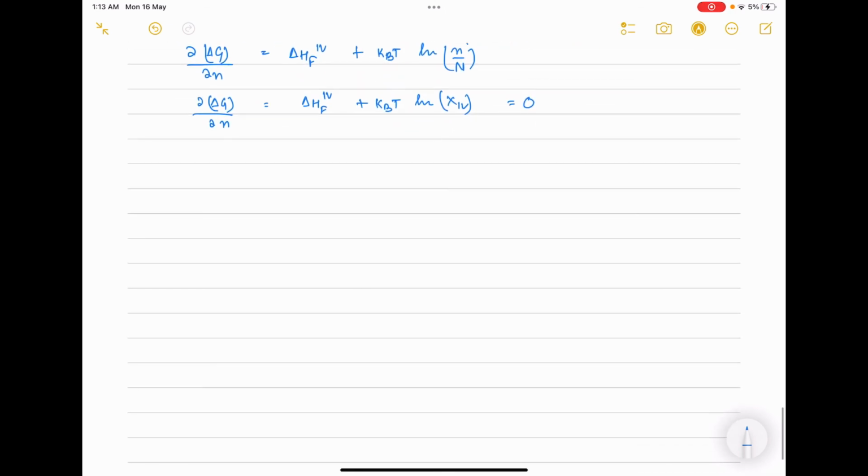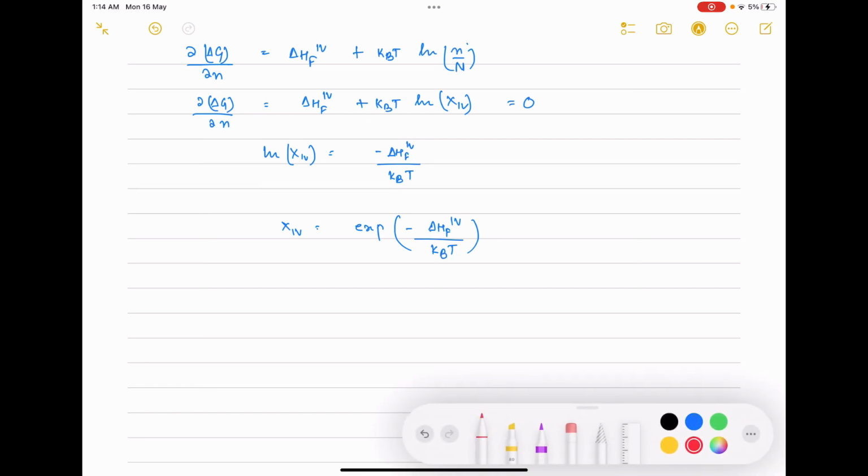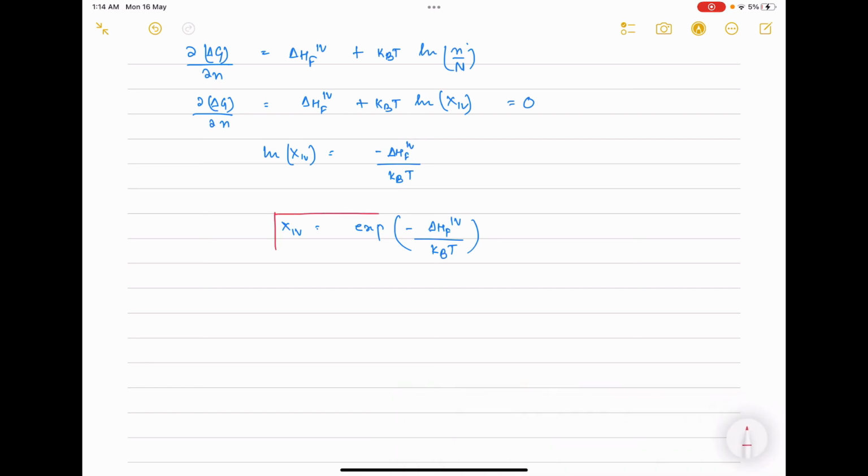So from here we have ln of x1v is equal to minus delta HF 1v by kBT. So x1v is equal to exponential of minus delta HF 1v by kBT. This is the equilibrium fraction of mono vacancies.